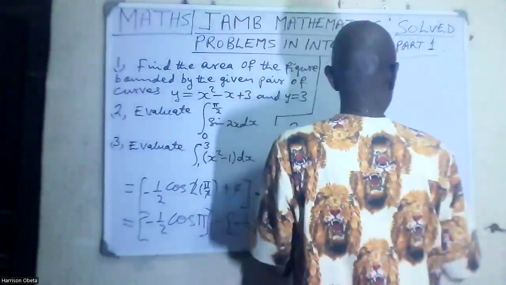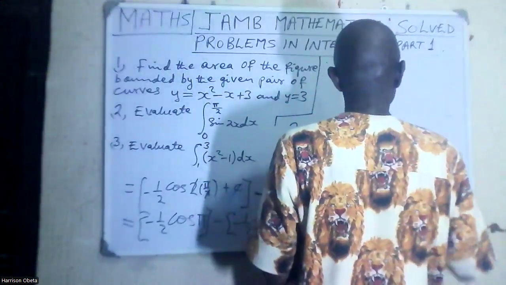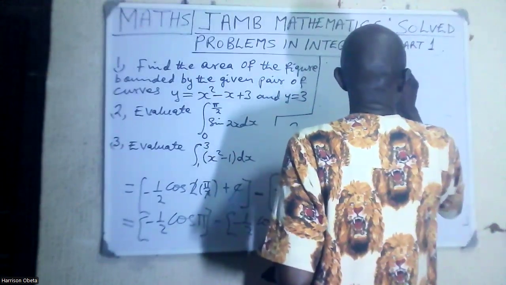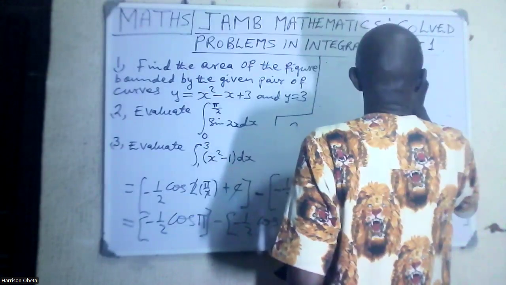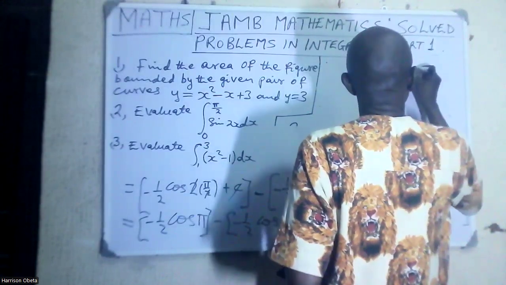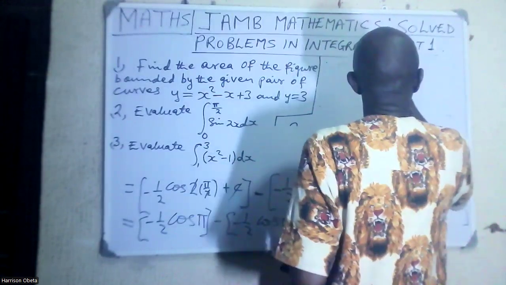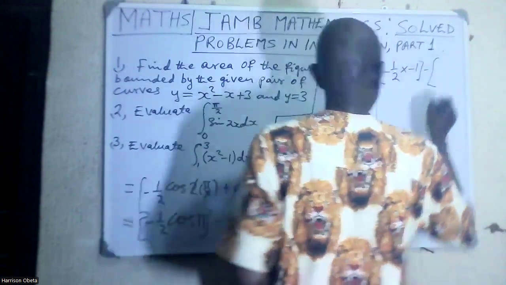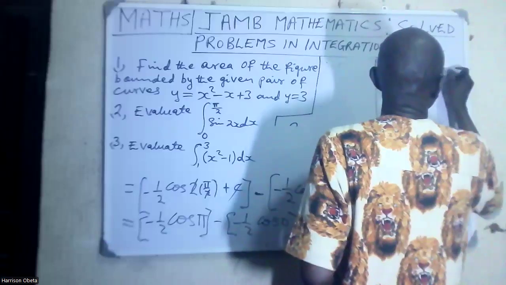So that will give us minus half multiplied by minus 1, minus, then you have minus half again.